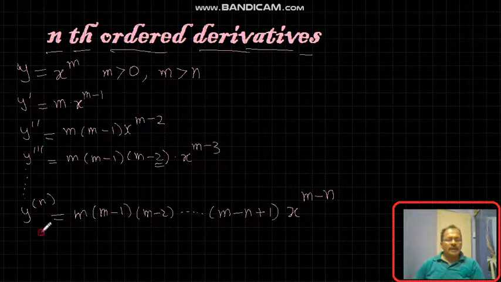What if m is equal to n, which is greater than 0?